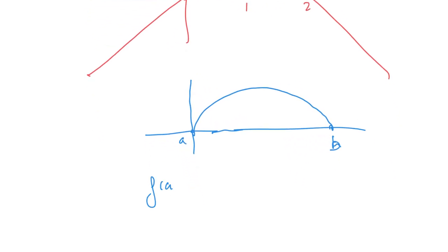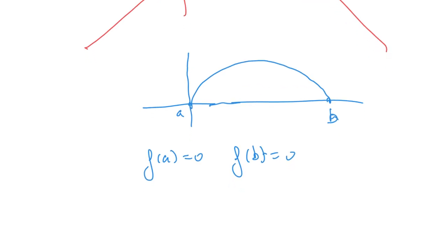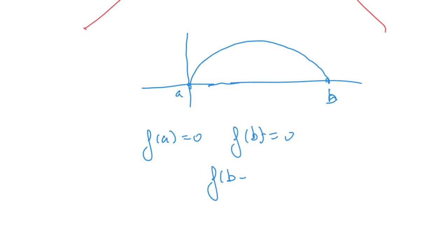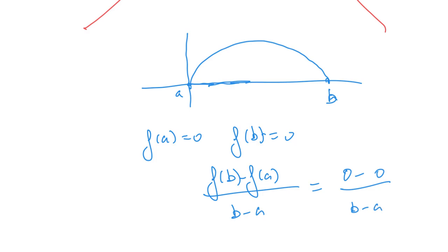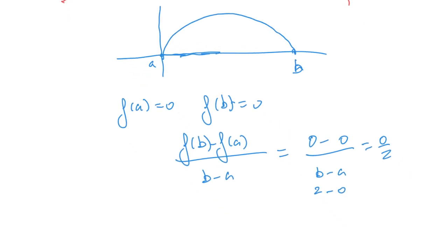So f of b minus f of a, divided by b minus a, which is the slope of the line connecting the points A and B, this slope of this line, is 0. Because f of b minus f of a is 0 minus 0, divided by b minus a, let's say 2 minus 0. This is 0 divided by 2, which is always 0.